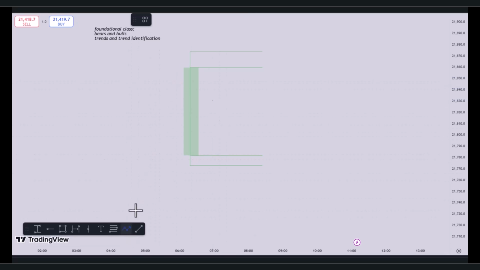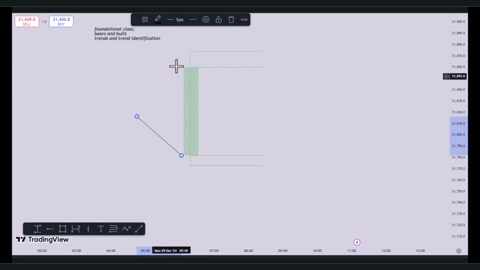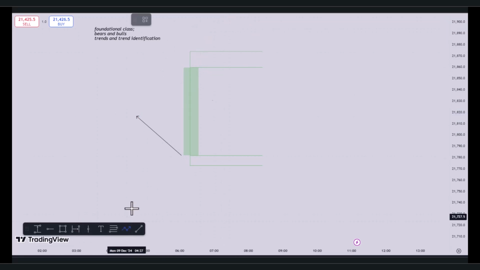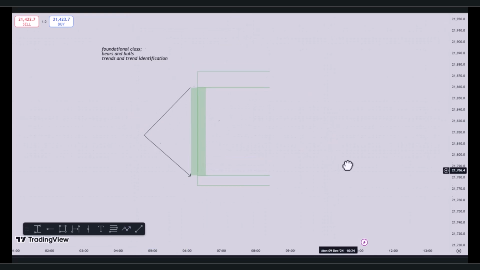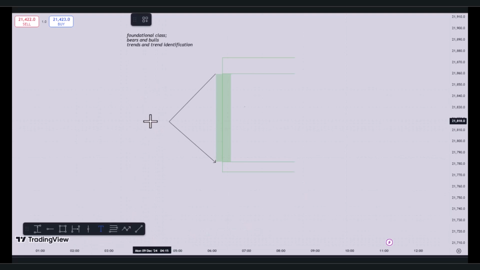I'll do this. Click here, give me this. Click here, give me that. Get something like this. It's been a struggle. Alright, this can be deleted. So when we're identifying the last part that I've just drawn, that's the body of the candle.